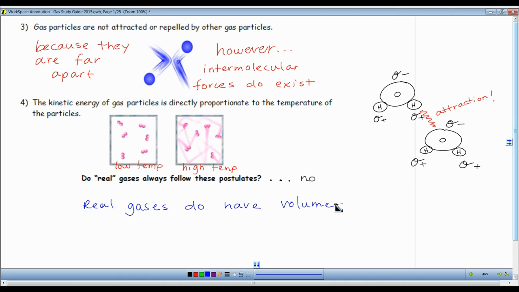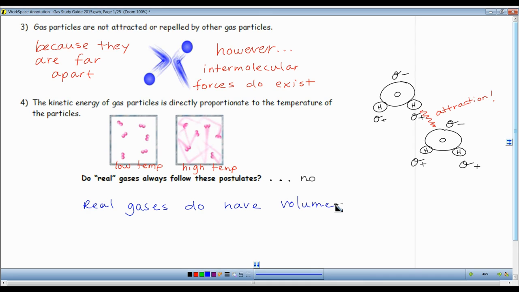It's just insignificant. So if I say that I have a 1 liter container and it's filled with gas, well, technically some of that 1 liter volume is occupied by the gas particles themselves. But the volume occupied by the gas particles themselves is so small that we essentially say we have 1 liter available to the gas particles. We don't even consider that some of the space is occupied by the particles themselves.